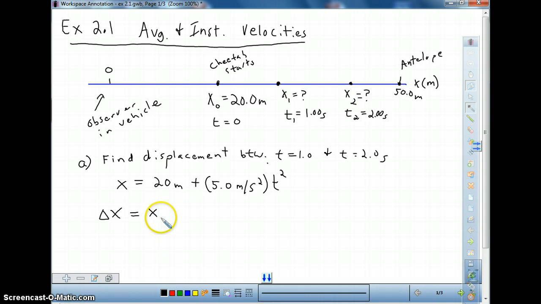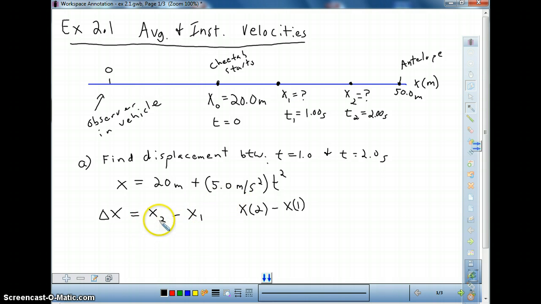Your book denotes it as x2 and x1, so I'll use that notation. We might also see it shown as x2 minus x1, which you may see me write. Either one means the same thing.